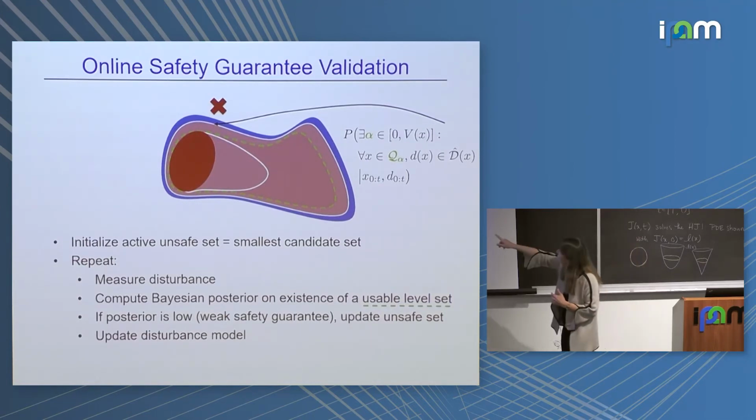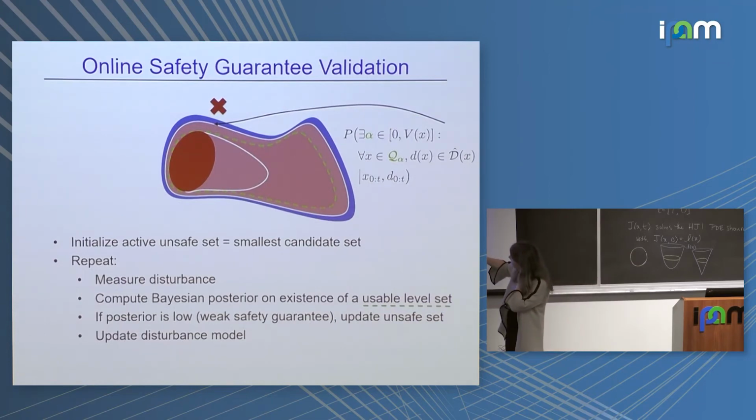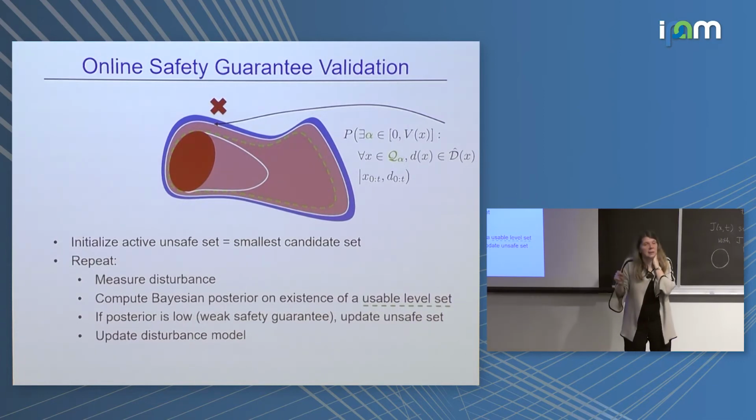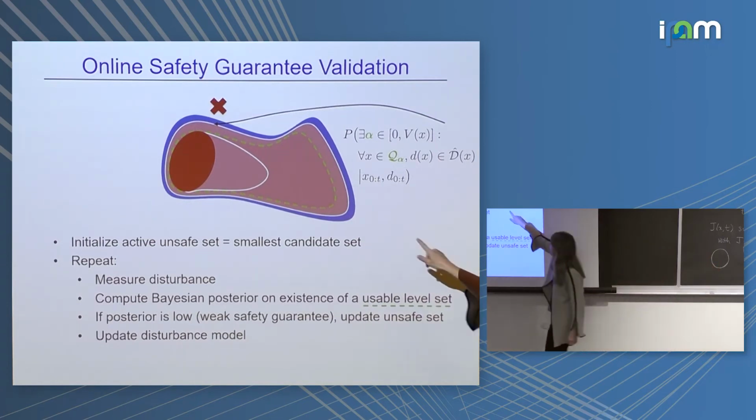In this case, this is meant to show, we get a point that's in what we thought was safe, which is actually violating our safety. It's violating our disturbance assumptions. Like, whoa, the disturbance here is much bigger than I thought it was. I better expand the unsafe set.